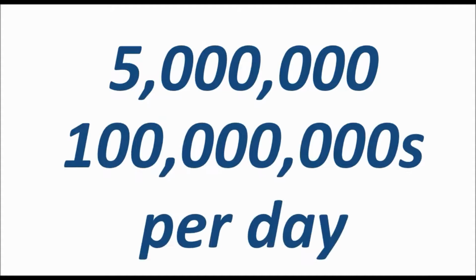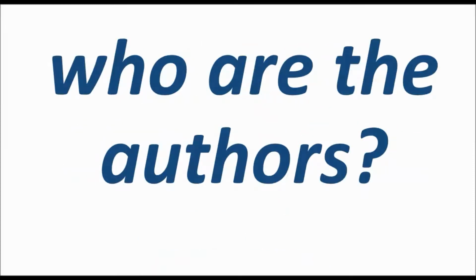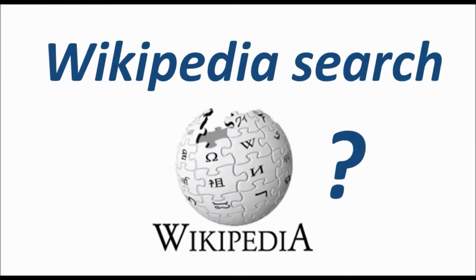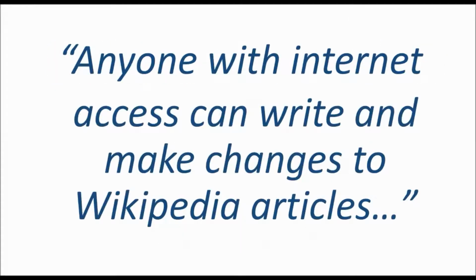In fact, Wikipedia has over 5 million English pages inside of it, and it gets hundreds of millions of hits and views per day. But who are these authors of these 5 million articles anyway? Well, if we do a Wikipedia search of Wikipedia, we'll get our answer.